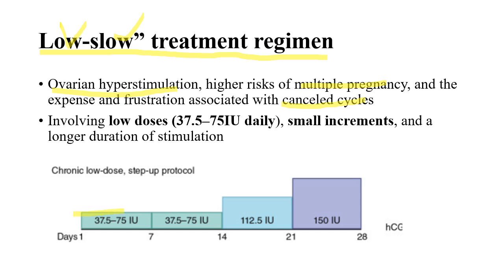The low dose will be given from day 1 to day 14, and then we gradually increase the dose from day 14 to 21, and then gradually increase the dose further. This involves small increments, so the time for stimulation will be longer. This is known as the chronic low dose step-up protocol. It requires a longer duration of stimulation as we are increasing the dose very slowly. So this is the low slow treatment regimen.